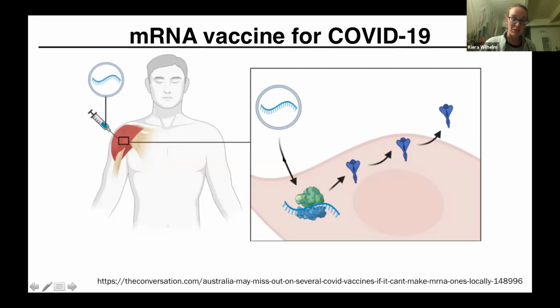So we're using our own cells to manufacture this protein portion of the coronavirus. And then these cells will excrete that into, say, our blood system.